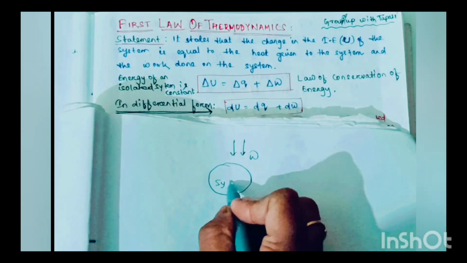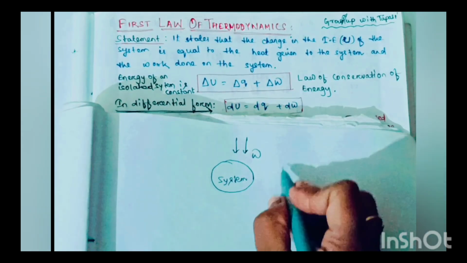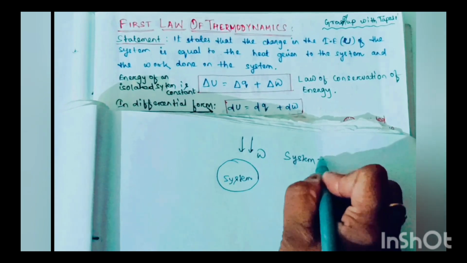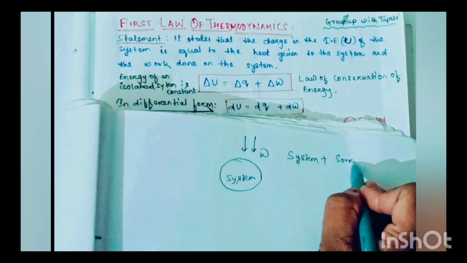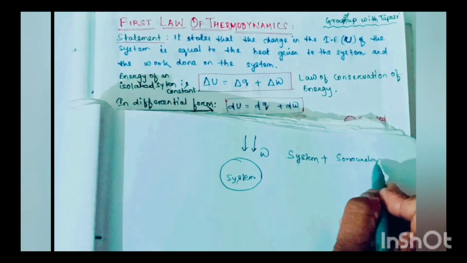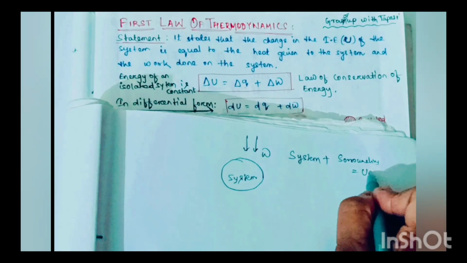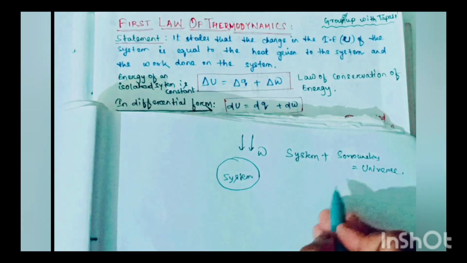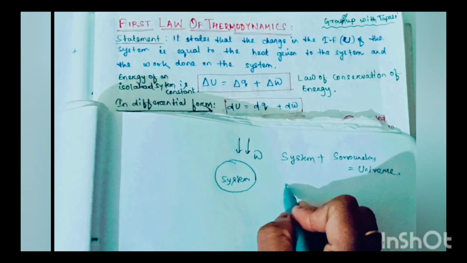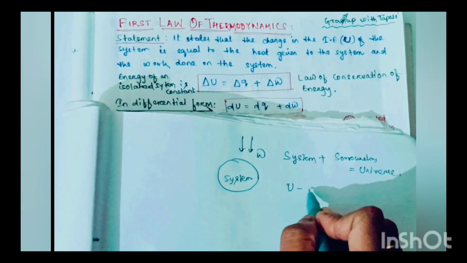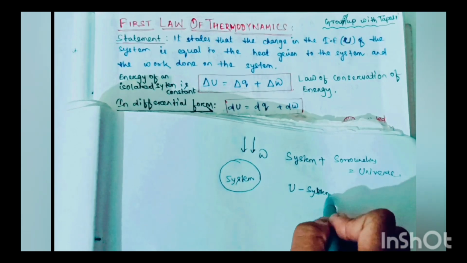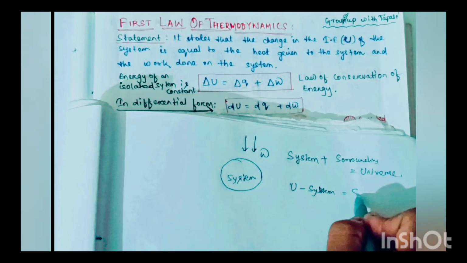So if this is your system, we know that system plus surrounding is equal to our universe. Okay, so if we subtract the system from the universe, what will we get? Surrounding.